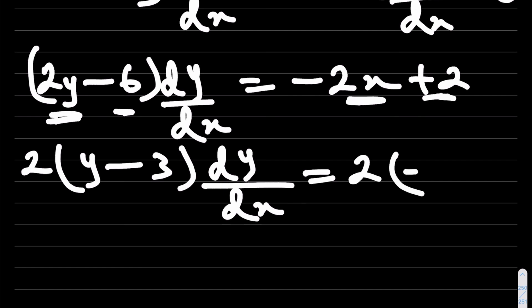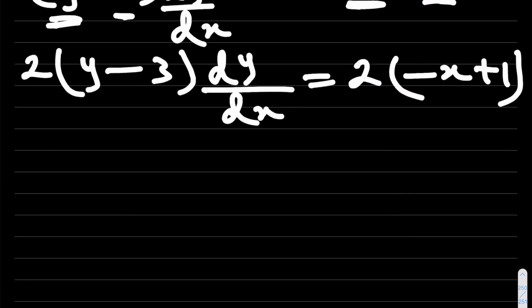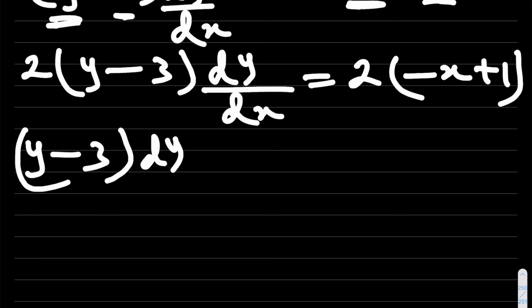That's 2 into bracket minus x plus 1. Now if I divide both sides by 2, I'm going to have y minus 3 dy dx equals minus x plus 1, which is the same as 1 minus x.